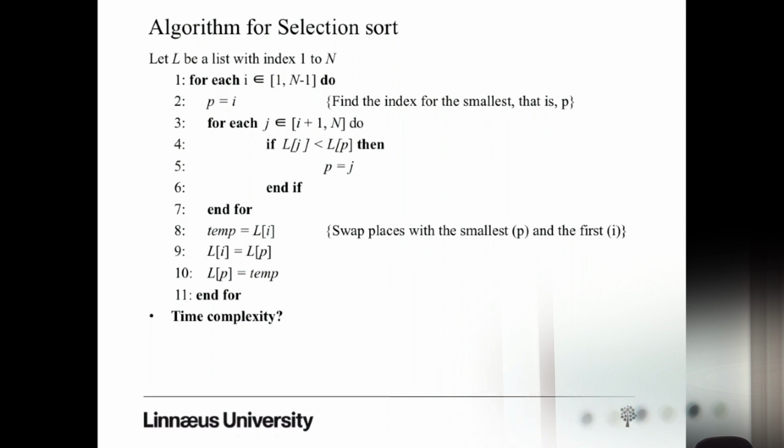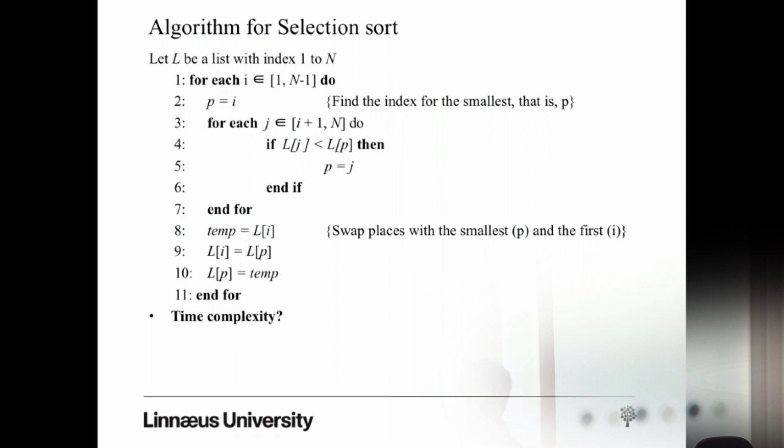What we need to find is, in each iteration, the smallest value. We assume that initially, in the first iteration, our first element has the smallest value, and then we compare it with all the other elements, and if you find a new smallest value, you replace it.